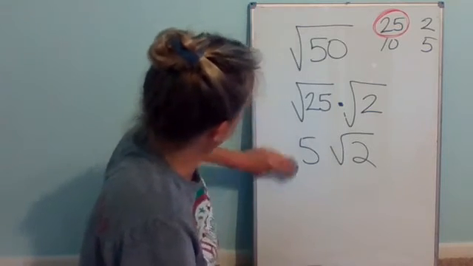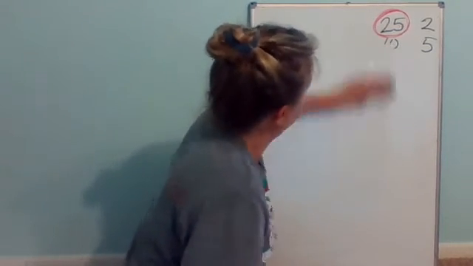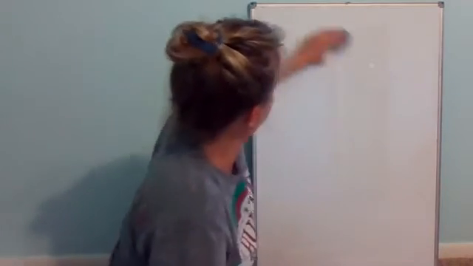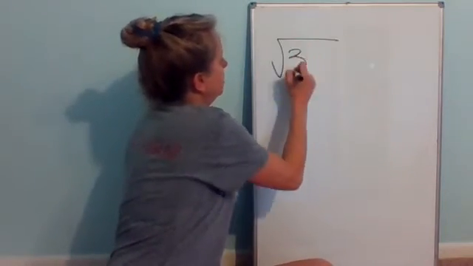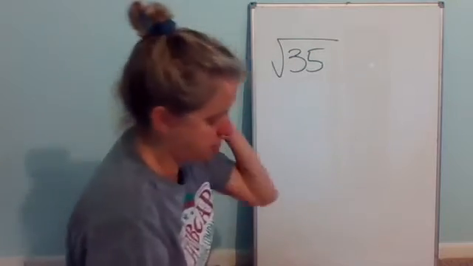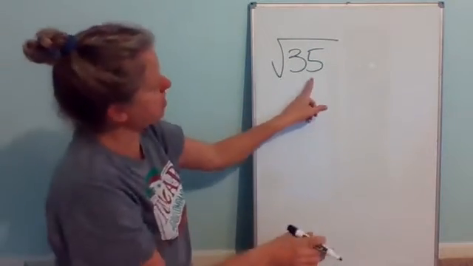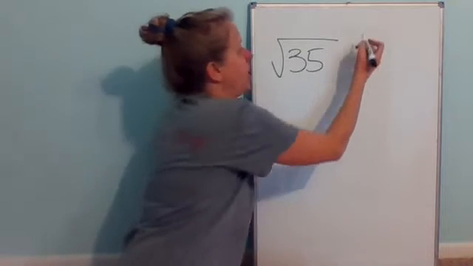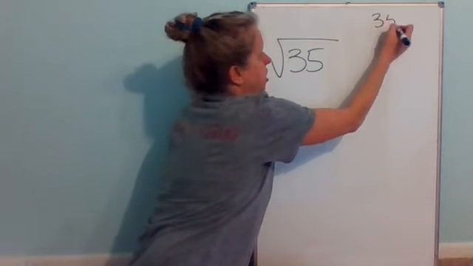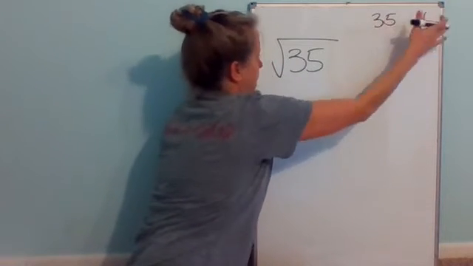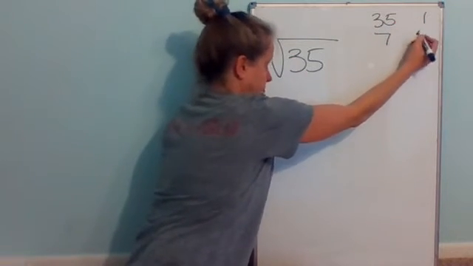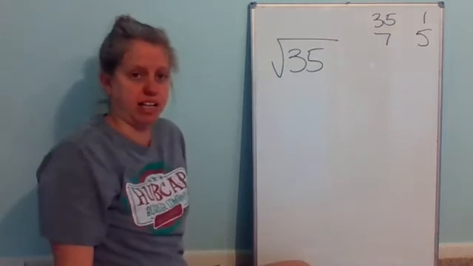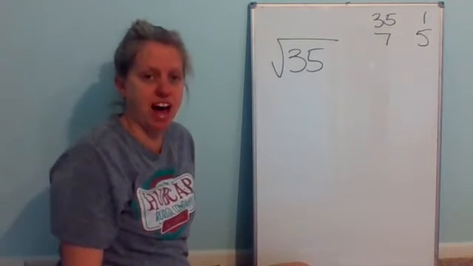Let's look at number 8. And there's only 11 in this section. Square root of 35. And it says to simplify the radical. So let's see, 35 is not a perfect square. Let's see, 35 times 1, but I can't ever use the number times 1. There's only one other way to multiply to get 35, 7 times 5.